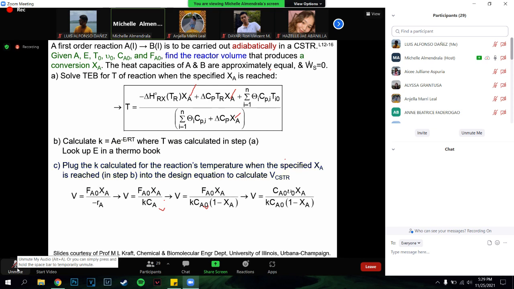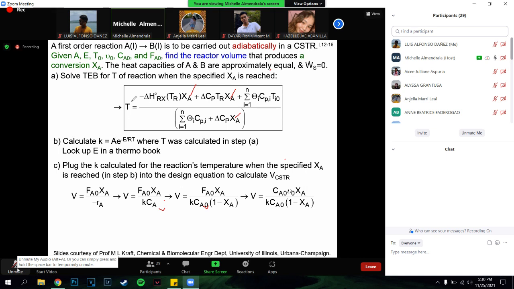So once your K is calculated, substitute in RA, and so you can define the volume of the reactor. Okay, so that's how simple this calculation is for a CSTR.